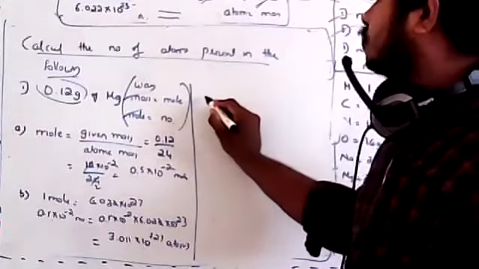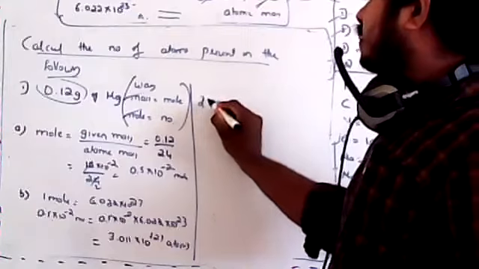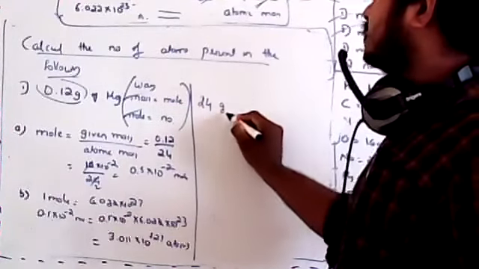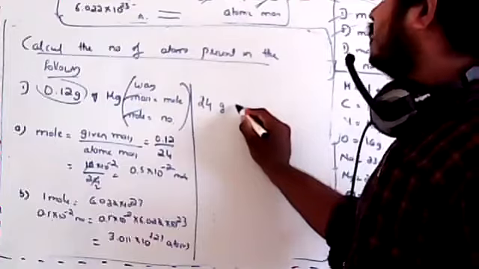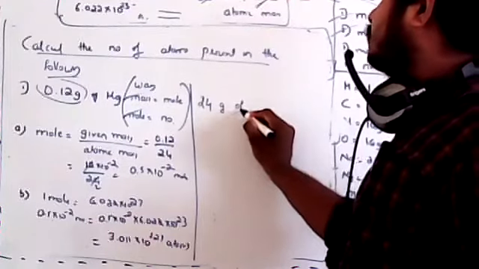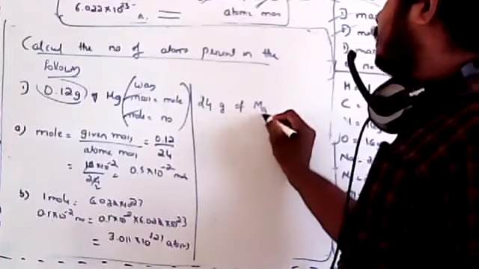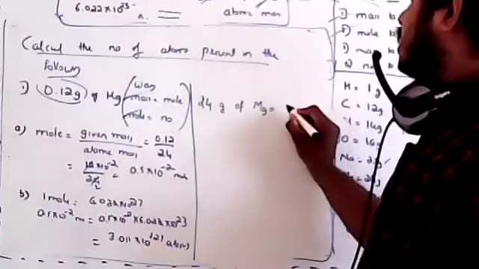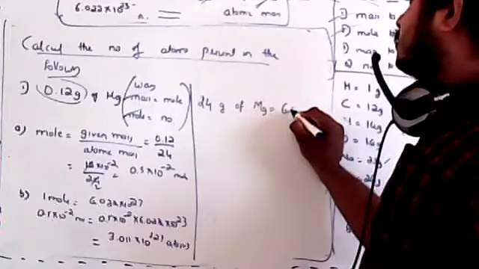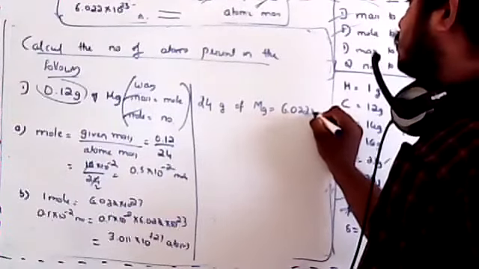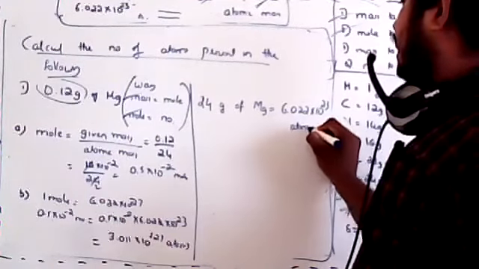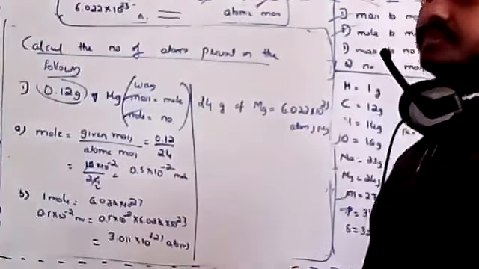So equate those two. We know that the atomic mass of magnesium is 24 grams. So write it this way: 24 grams of magnesium is equal to 1 mole, which is equal to these many atoms. So 24 grams of magnesium will be equal to 6.022 into 10 to the power 23 atoms of magnesium.